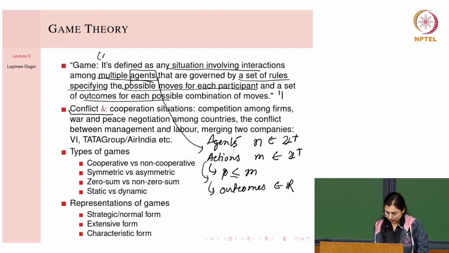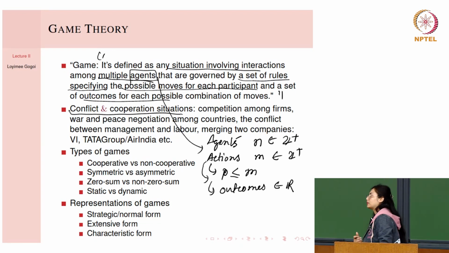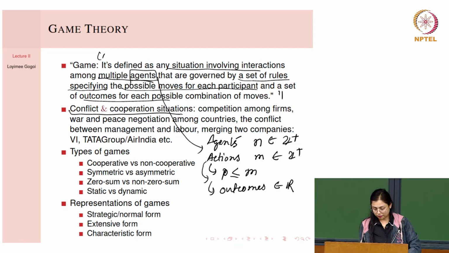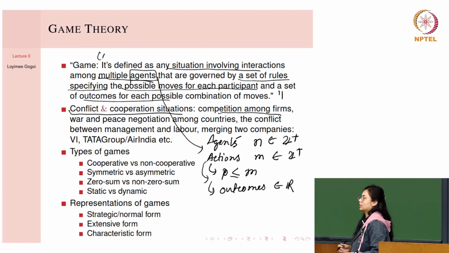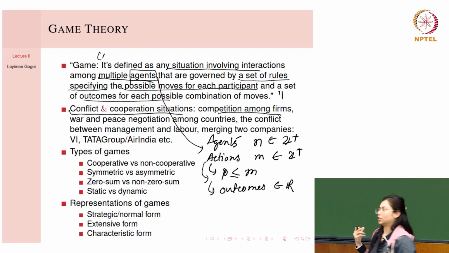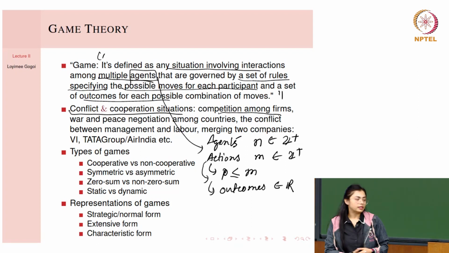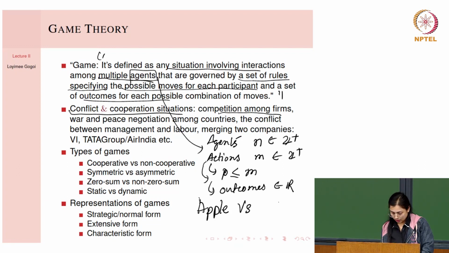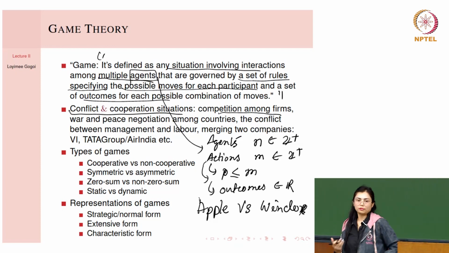So what do we mean by conflict and cooperation? Here I have mentioned some examples. We can talk about competition among different firms. In business or in the market, you have seen that these companies are always in a war, like Apple versus Windows, iPhone versus Android.